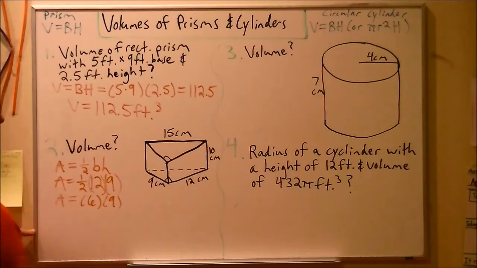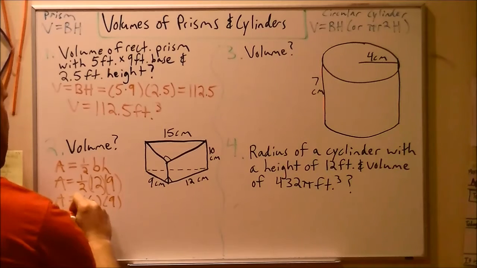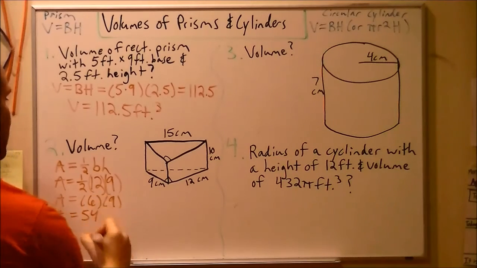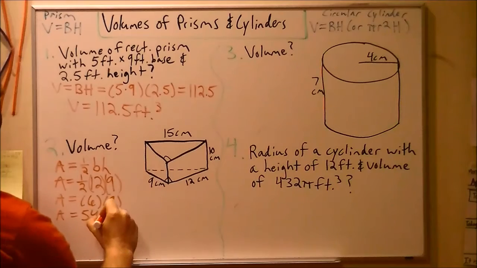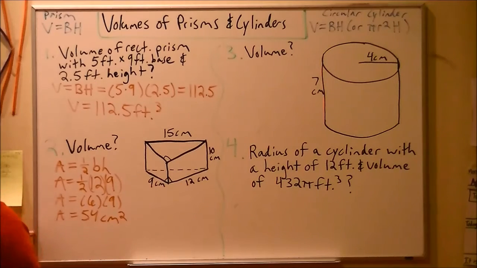You see, we'd have had a decimal initially for 9. Let's just cut that out and multiply the 1/2 times the 12 and have no decimal. What is 6 times 9? 6 times 9 is 54. And we just found area, and so that's in centimeters squared.